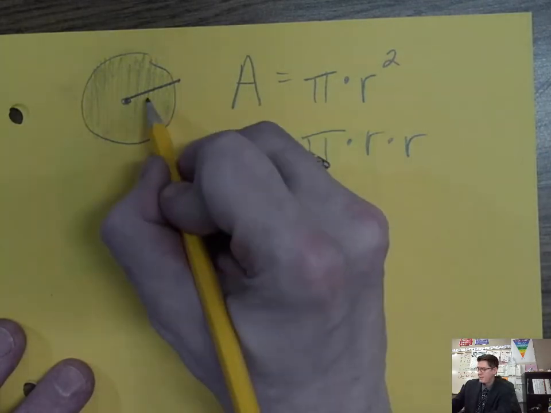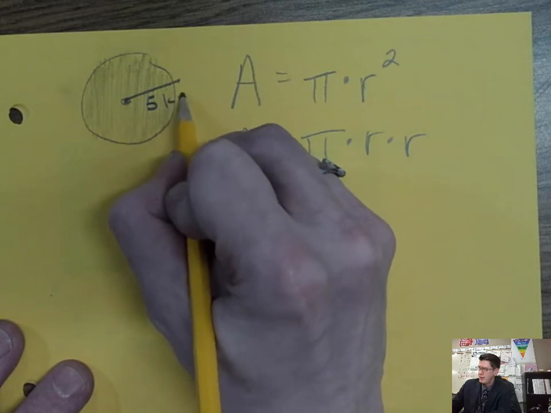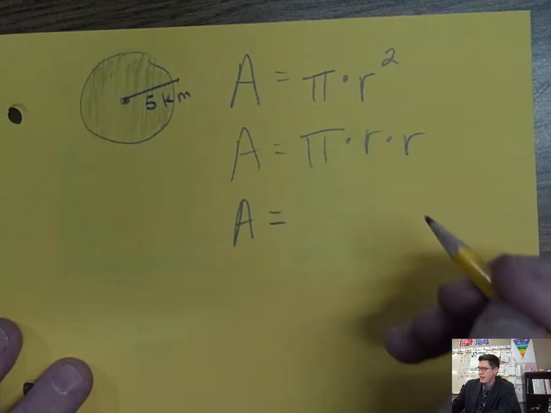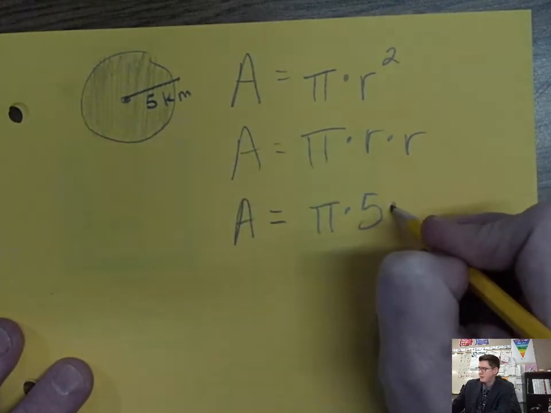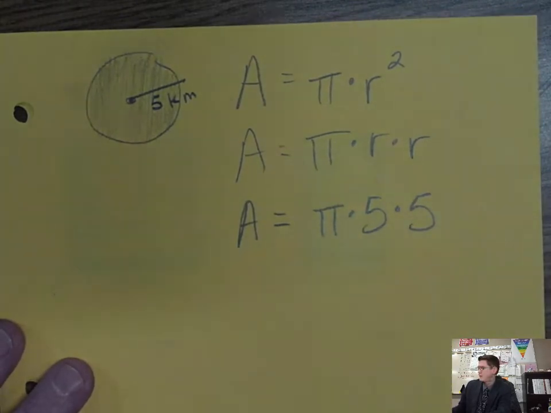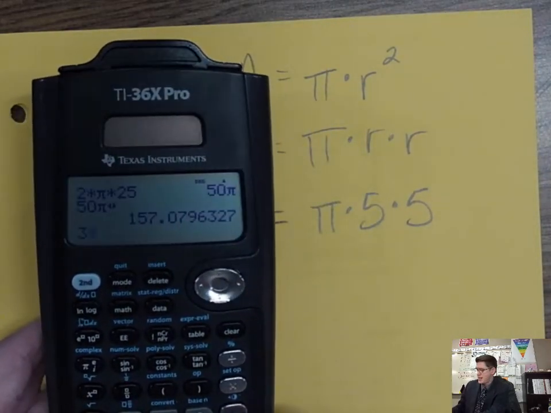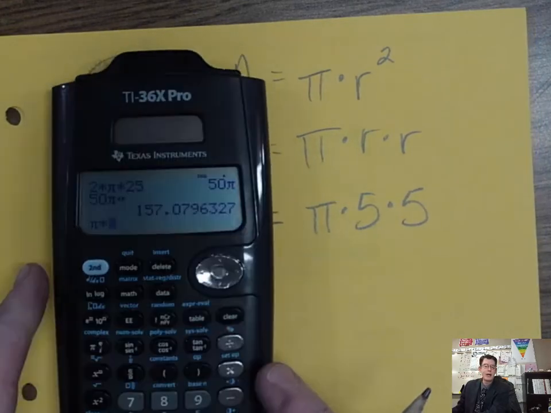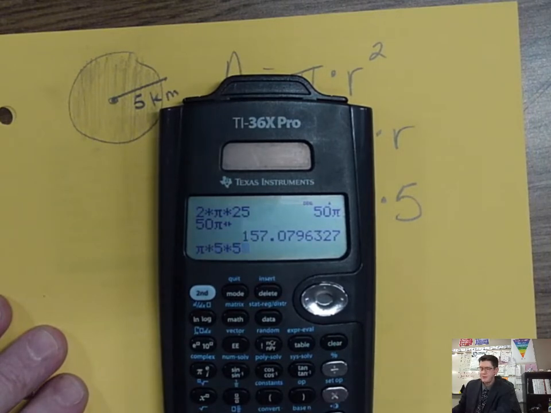But it's just simply, if a radius is, say, 5 kilometers across, to find the area of that circle, the area is pi times the radius times the radius. The calculator will take care of that for us. Pi times 5 times 5.